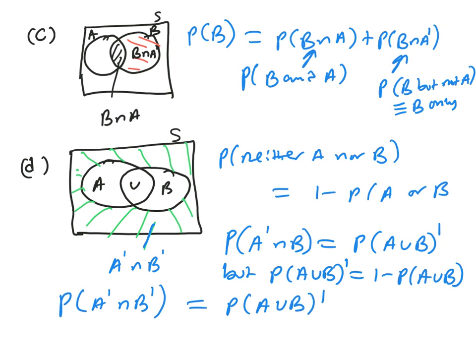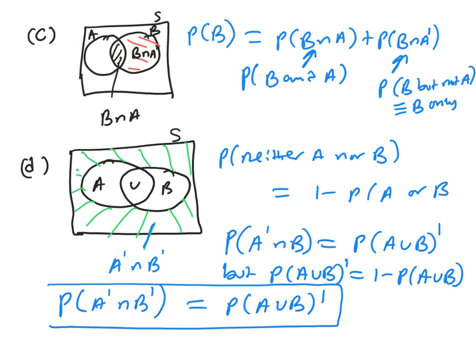I've actually stated it before writing it down. This result is very important in probability. Let me try to write it this way, so that someone will not misunderstand it. This is the complement, okay? This is what we call De Morgan's rule.